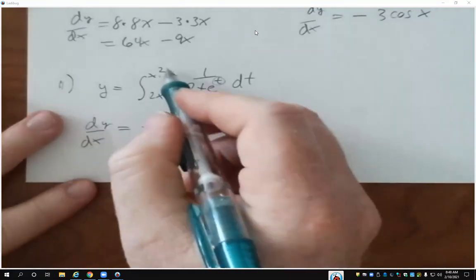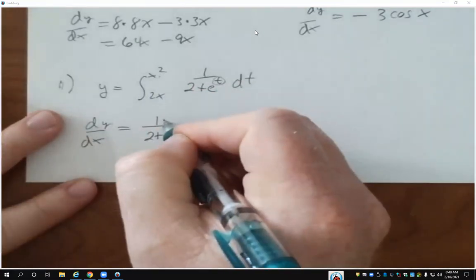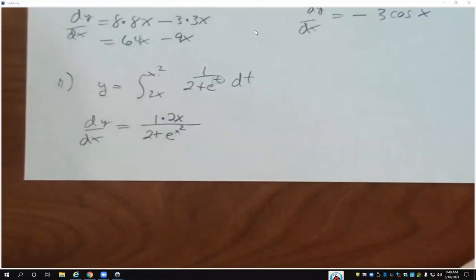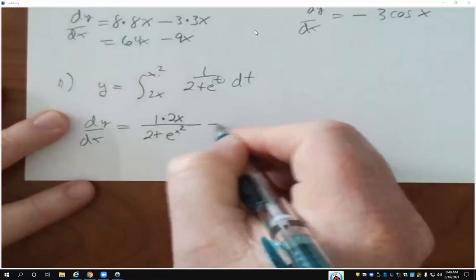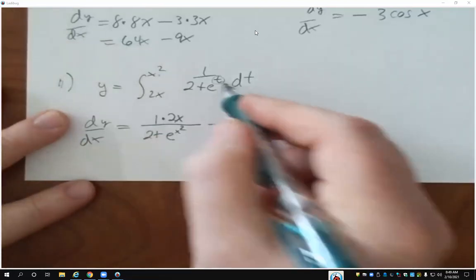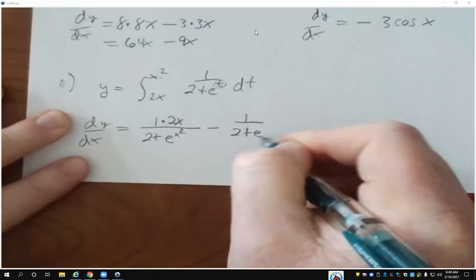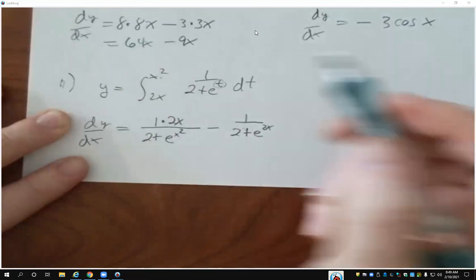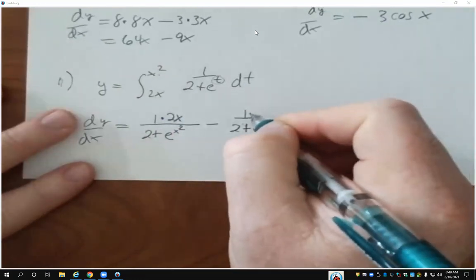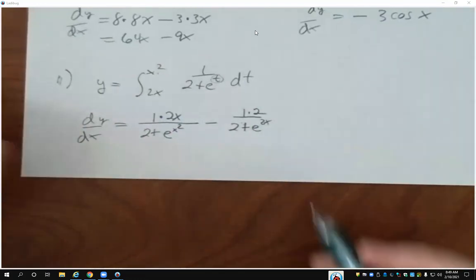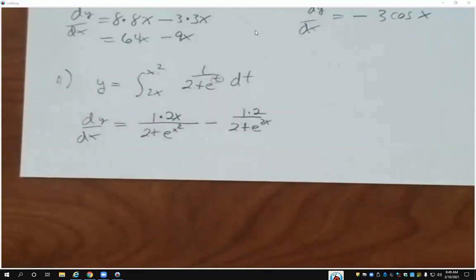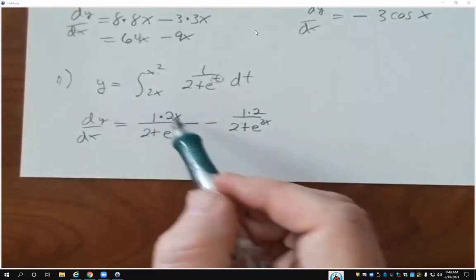Chain rule, the derivative of x squared is 2x. That's just going to go in our numerator. So 1 times 2x. Minus, now we're going to plug 2x into t. So it's 1 over 2 plus e to the 2x. Chain rule, the derivative of 2x is 2. That's going to go in my numerator. I'm just going to leave it like that for you, but obviously I just wrote 2x over that.